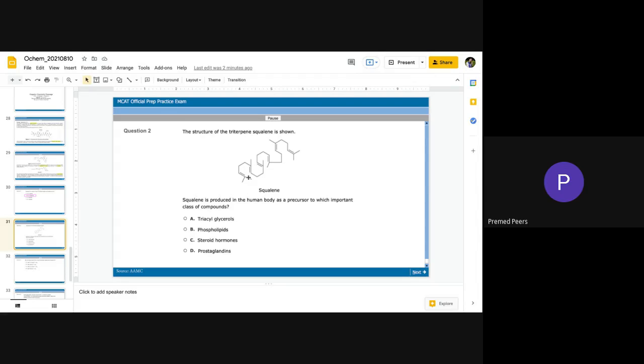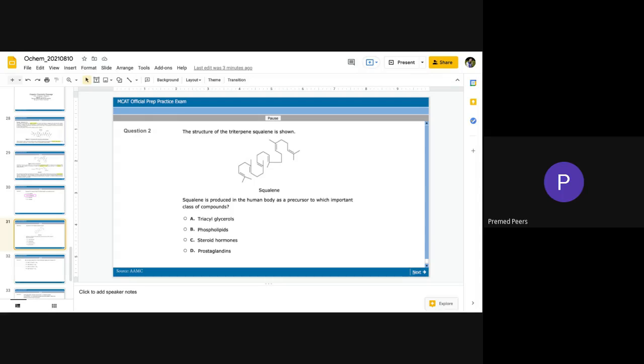I hope you can see my little arrow. Otherwise, it's going to be very hard to imagine what I'm trying to say. So basically, there's a 6-member ring, and then going right here, a 5-member ring, and then a 6-member ring, and a 6-member ring right here, and a 6-member ring right here.